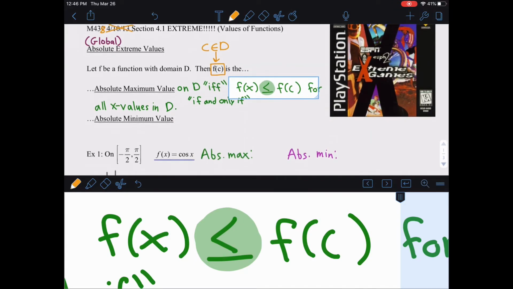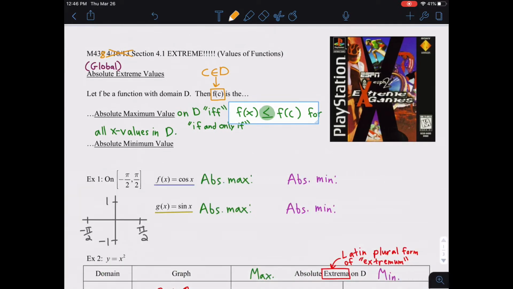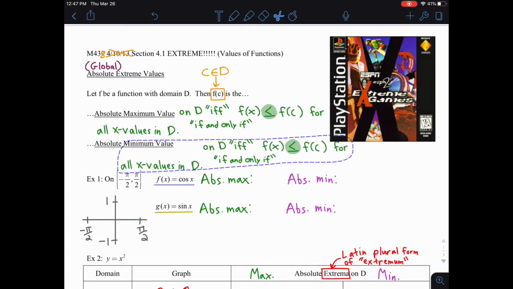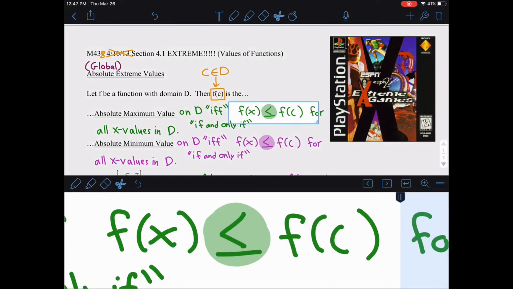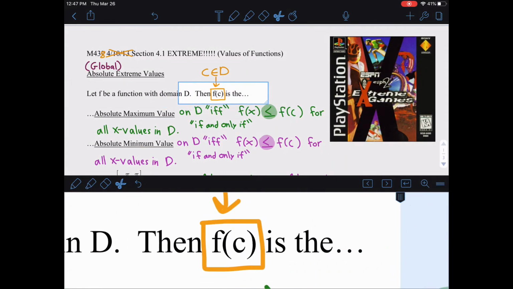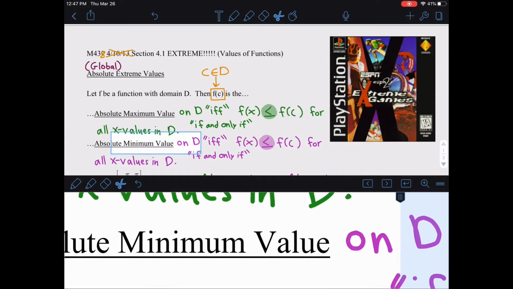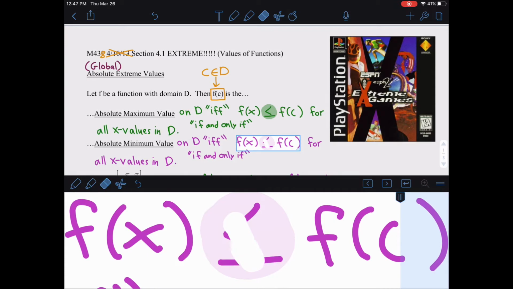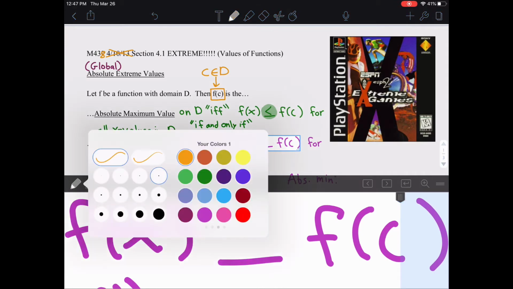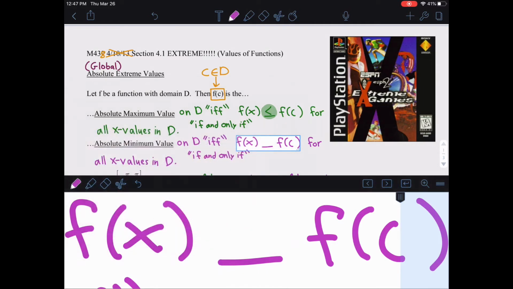Now we're going to take this definition and do a little copy and paste, and we just have to flip a couple of things around here. An absolute minimum value: f of c, again the output of a function, we can call this an absolute minimum value on the domain if and only if all of the other outputs, f of x, are greater than or equal to f of c.